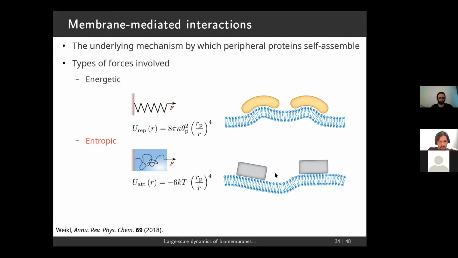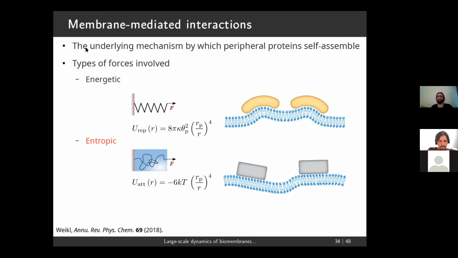So if they are dispersed everywhere, they would basically stifle long wavelength fluctuations. But if they are grouped together in an island, the membrane has more configurational entropy. This is a rather lengthy derivation, but the resulting force to the leading power has this 1/R^4 dependence. So it's an attractive force.